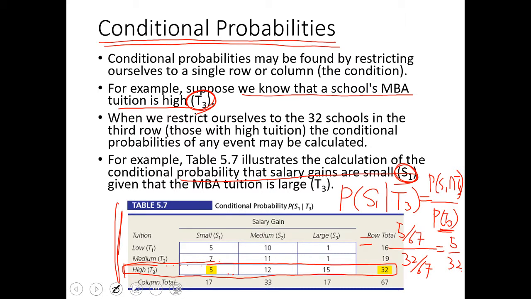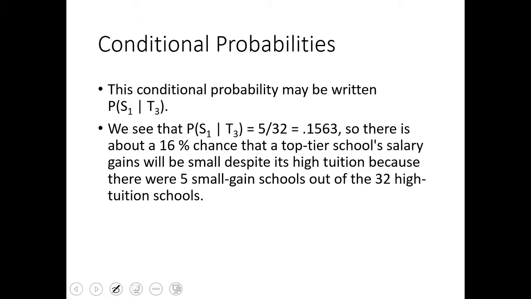Based on T3, the probability of S1 given T3 is 5 over 32. So using the contingency table, we can easily calculate this conditional probability.